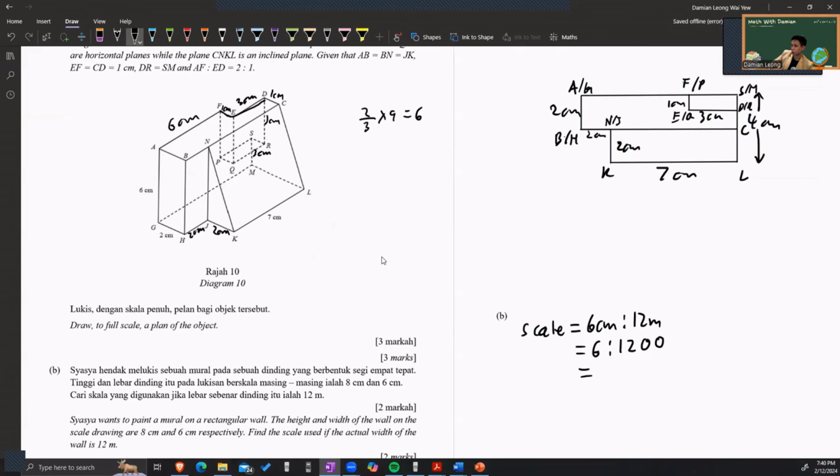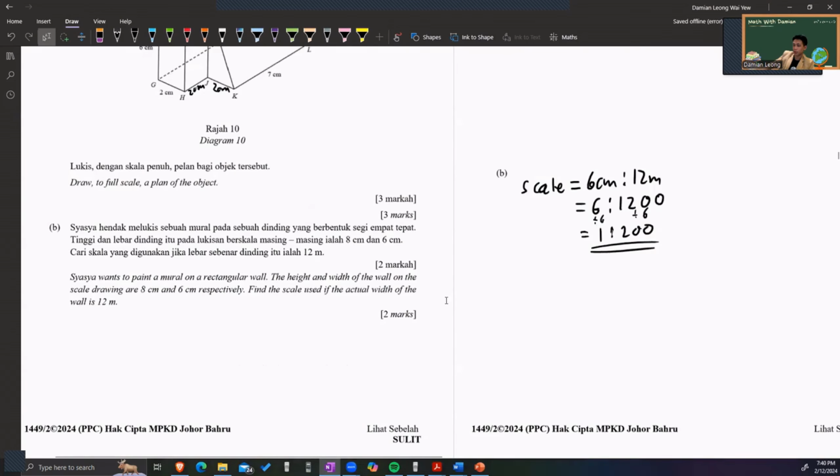And scale, you usually want to put 1 to something. So I divide by 6, it is 1 to 200. Okay, scale factor is 1 to 200. That's it. Yeah, so the ACM height is just a red herring. It has no bearing to getting the answer lah.